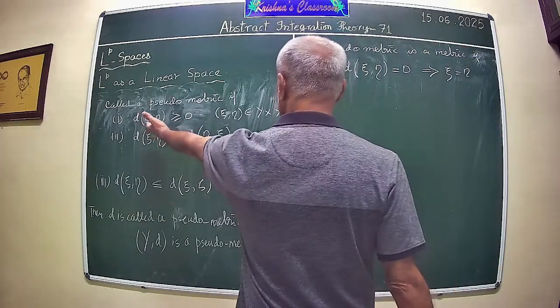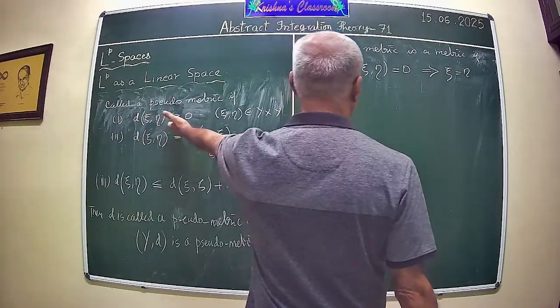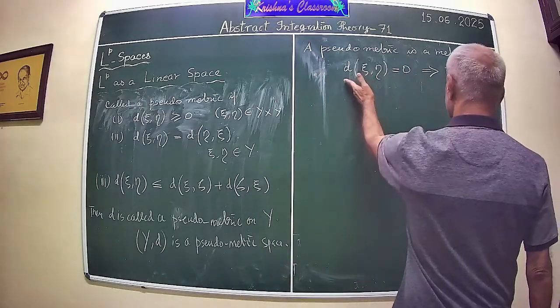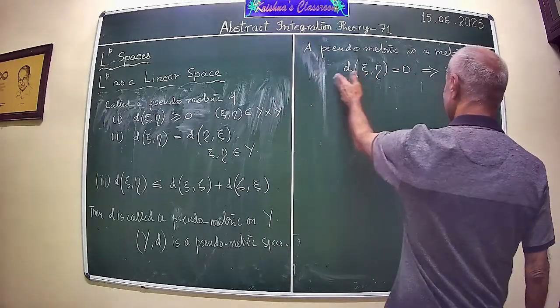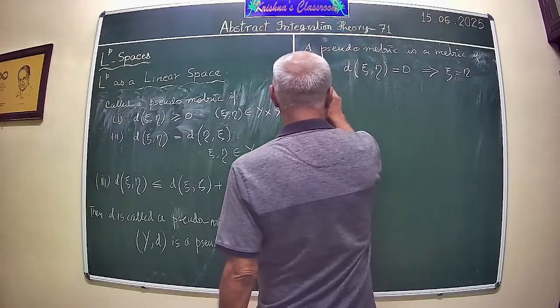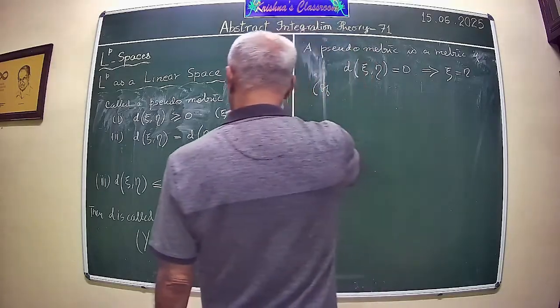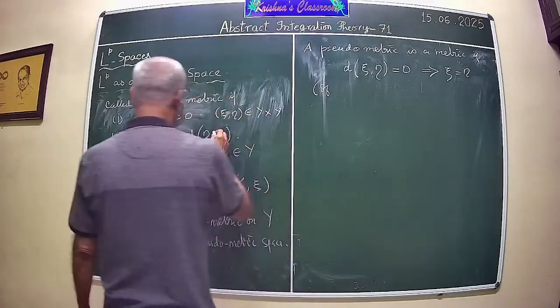We have said that d(psi, eta) is greater than or equal to 0. Whenever this is equal to 0, see, one thing is clear. If psi equal to eta, okay, we have not said anything.